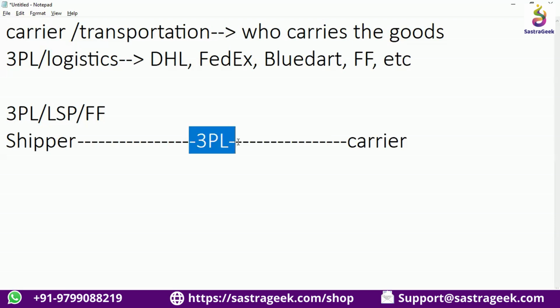So they reach out to the relevant carrier to make sure that your goods are transported. Able to get through with what is a carrier and what is a 3PL? Okay, that's good.